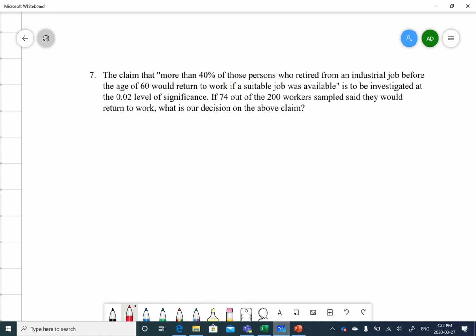That is the statement to be investigated. So this is your hypothesis, and you need to figure out whether it's an alternative or a null. It's pretty obvious, it says more than 40%.